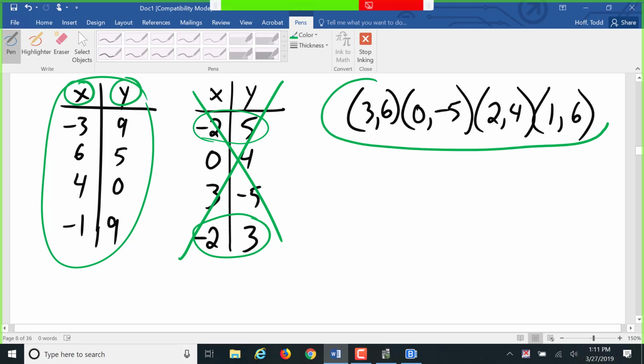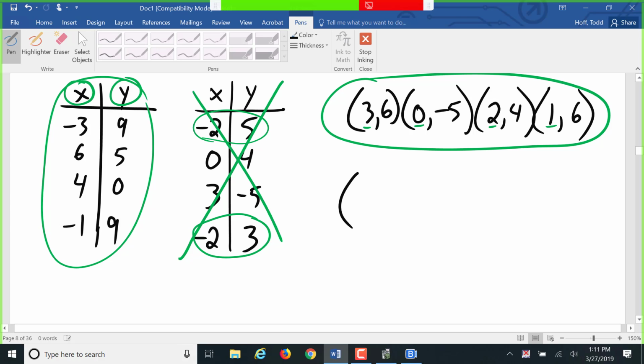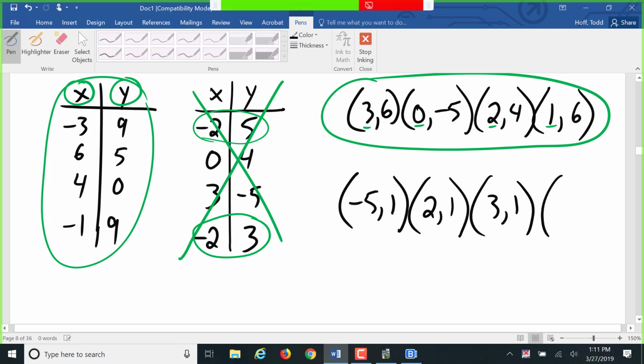Yes, it is. Every value in the domain is unique and it goes to one value in the range. Is that a function?